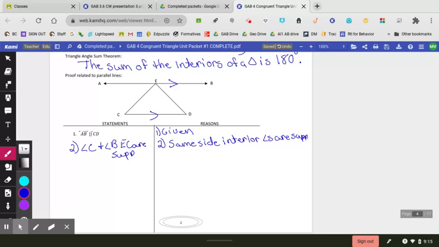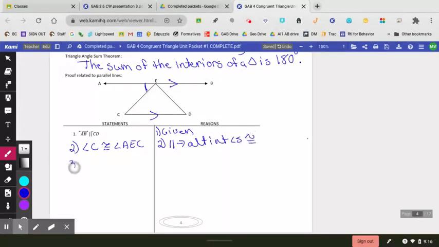Actually, I don't want to do this proof that way. Rewind. Sorry about that, folks. What I actually want to say is that angle C is congruent to angle AEC. And that is if parallel lines, alternate interior angles are congruent.